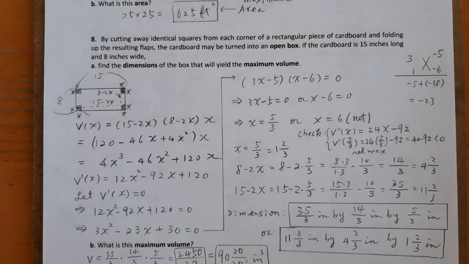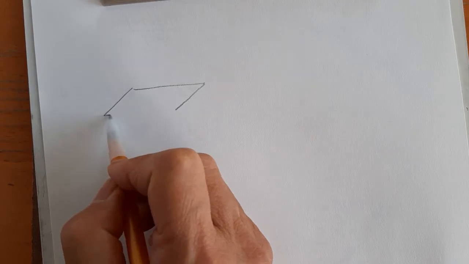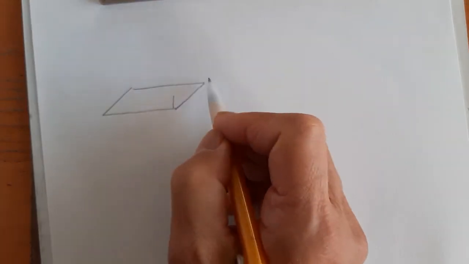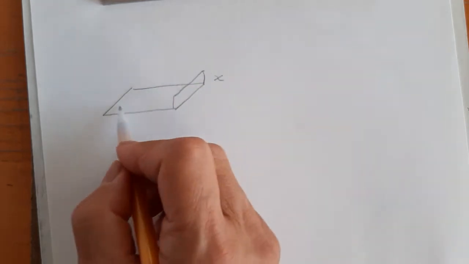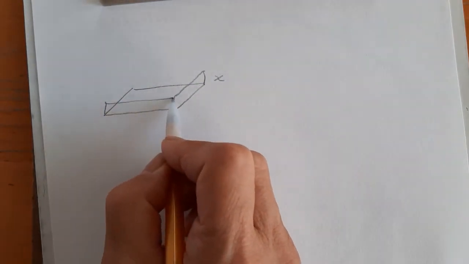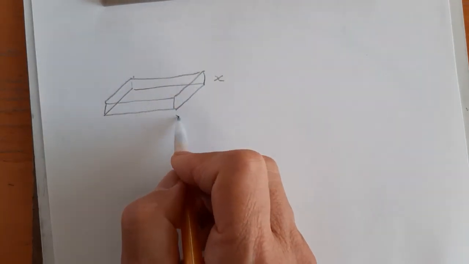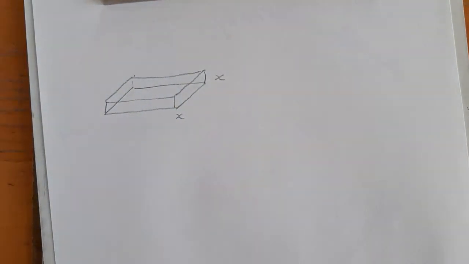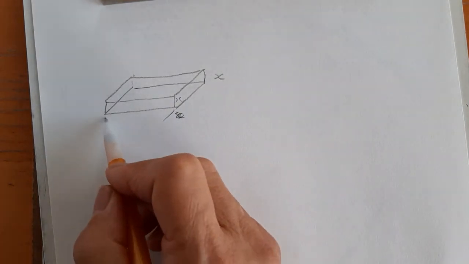So after you fold up, then it becomes this. It becomes the bottom, and this side is x. And it becomes a box, an open box. And that's x.